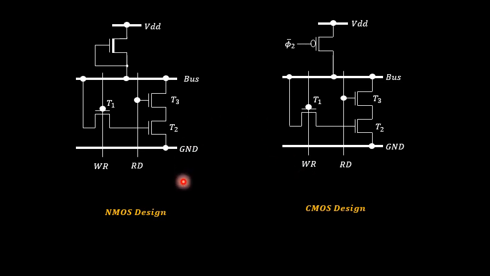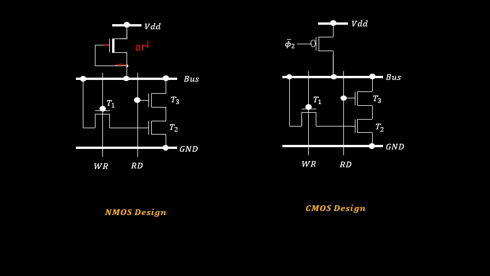So first, the circuit in terms of NMOS design. If you see here, the pull-up part in the case of NMOS design is an NMOS depletion type of transistor. The gate terminal of the depletion transistor is connected or shorted to its drain terminal, which makes sure that by default the transistor is always turned on.